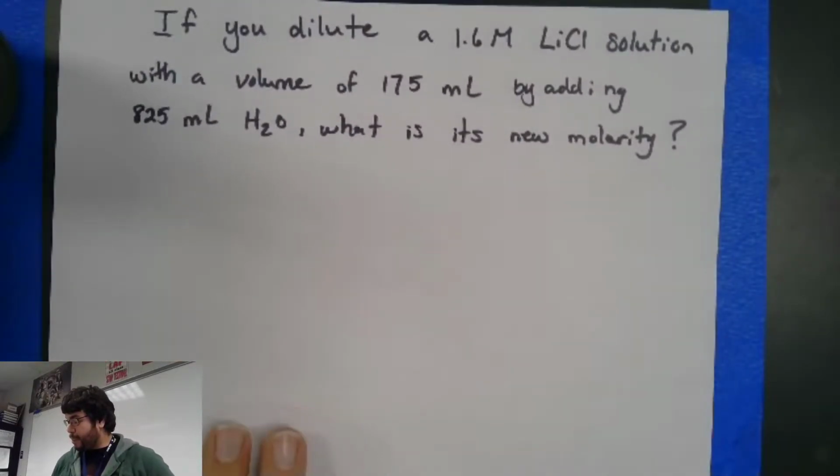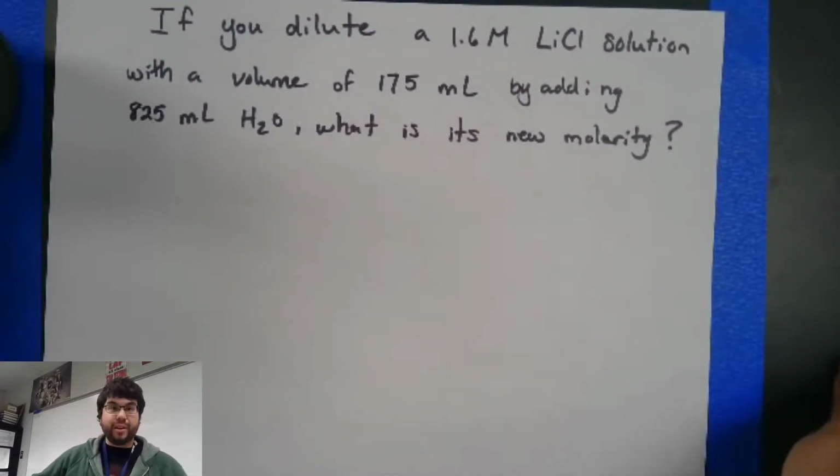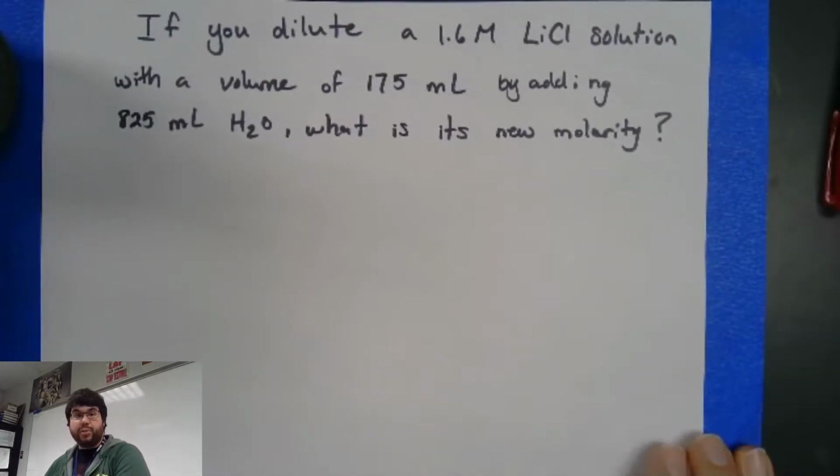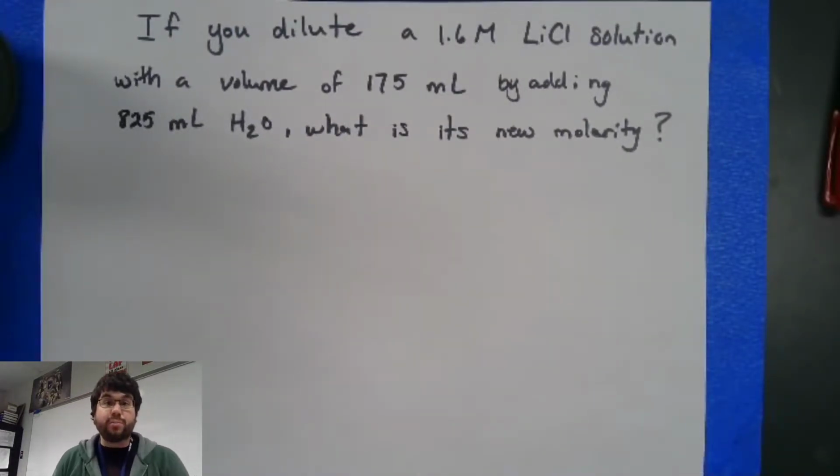Wipe off some water, because that's just what happens when you're doing this off the fly. There we go. So if you dilute a 1.6 molar lithium chloride solution with a volume of 175 milliliters by adding 825 milliliters of water, what is its new molarity?